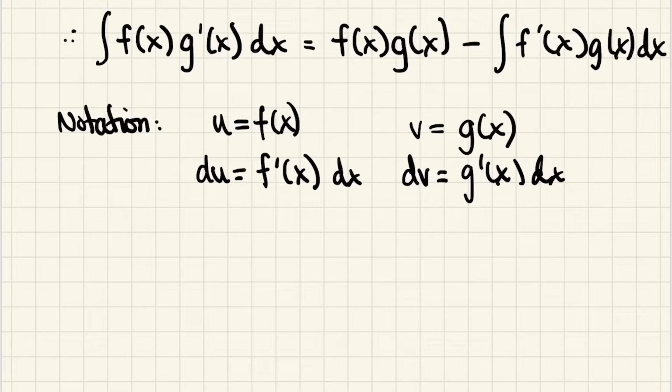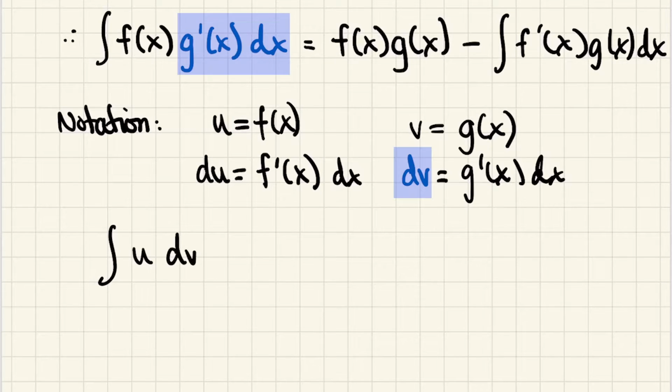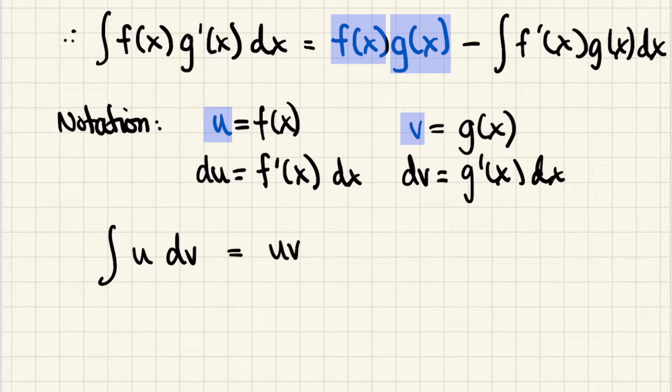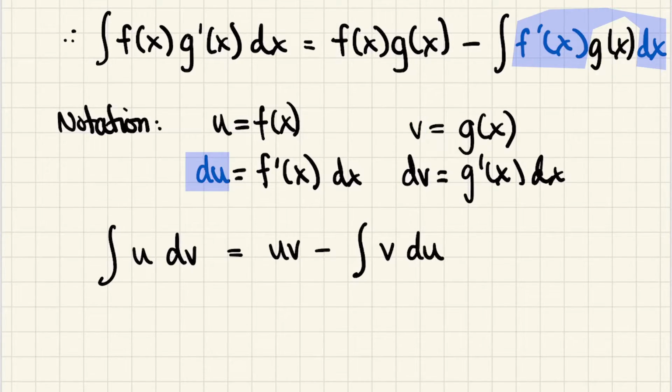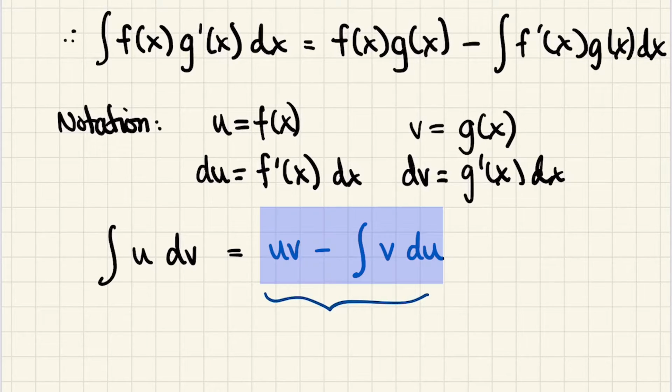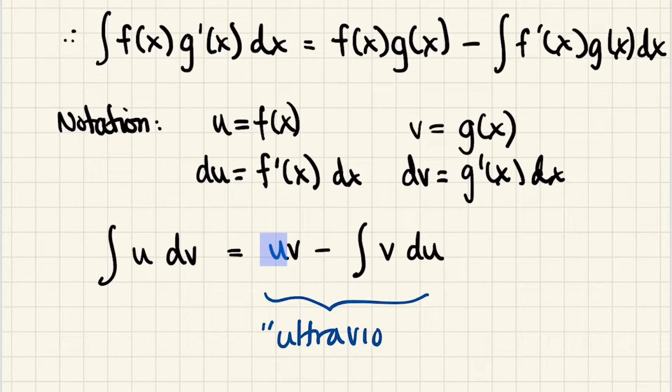Therefore, our original integral in terms of u and v, the integral of u dv, is equal to f times g, which is uv, minus the integral of v du. This is the form of integration by parts right here. And a helpful mnemonic here is ultraviolet voodoo.